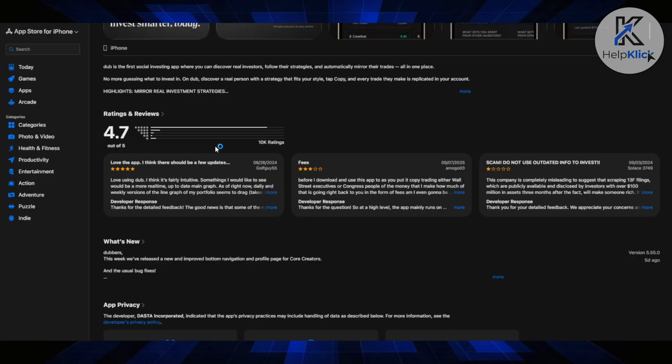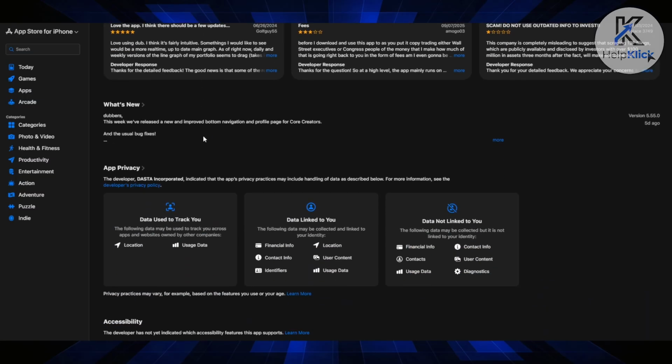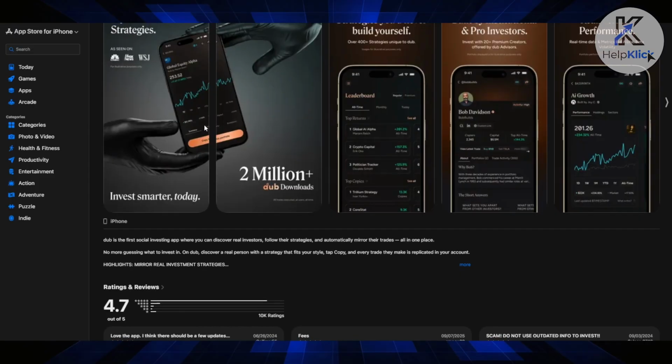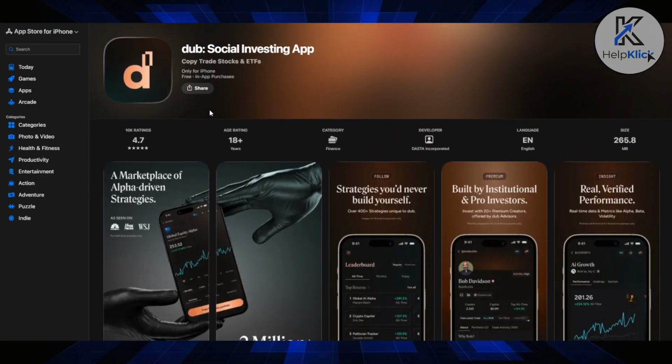Some people cite a range of $15 to $50 a month depending on the specific plan, generally alongside the $100 minimum deposit to start copying a portfolio. A short free trial period is offered on some sign-up processes, but that's about it.